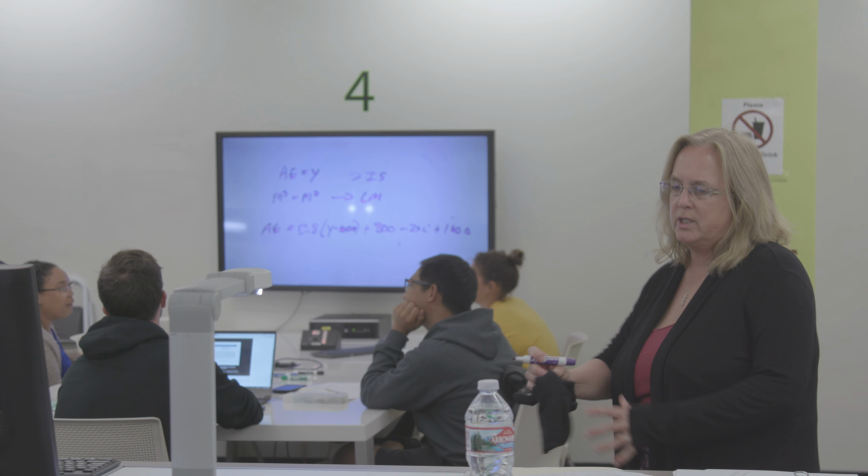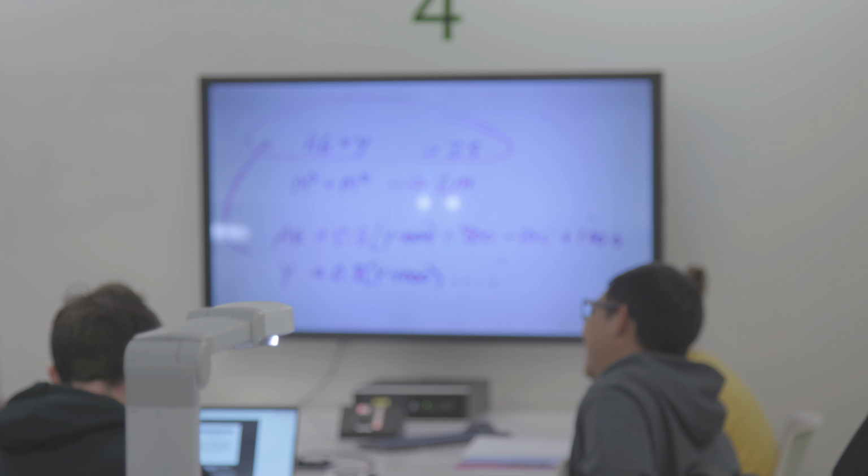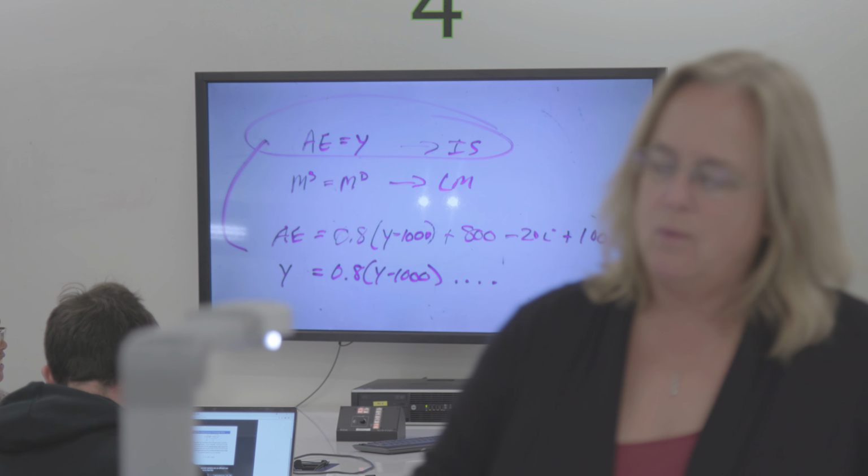And the key thing, and this was a problem if you didn't get this part of it right, is you have to use the equilibrium condition. So once you have the AE function, then you set y equal to the AE function and solve for y. And when you did, you would get y equals 5,000 minus 100i.